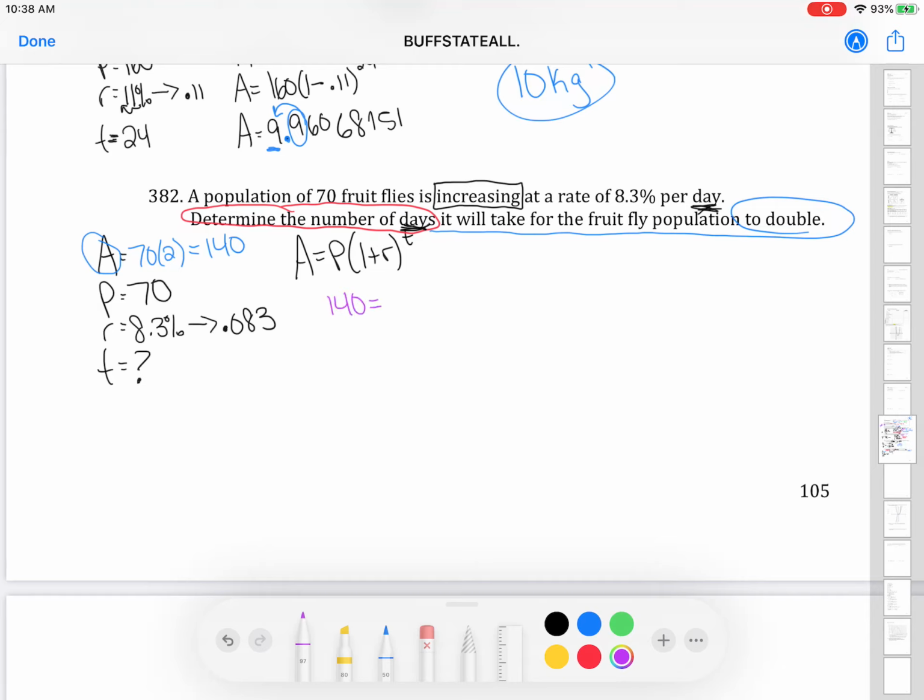All right, here we go with plugging these into the formula. So instead of leaving A, I'm going to plug in 140 in place of A and bring down the equals. Then I'm going to bring down P, which is 70, parentheses, 1 plus R, which is 0.083, and that's raised to the T. I'm going to leave that T there.